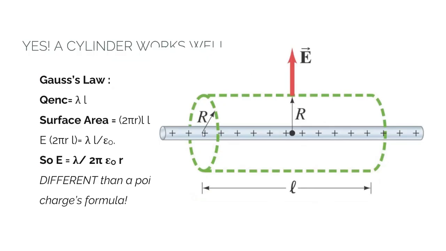And if I'm going to draw the cylinder a certain length L, if I know the charge density, and I'm going to call that lambda, that's this figure here, lambda. Okay, this right here is lambda. So if I know lambda, which is going to be a charge per unit length, then I multiply by L to get the total charge inside my cylinder.